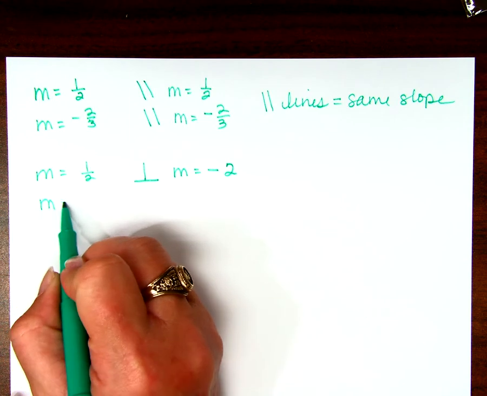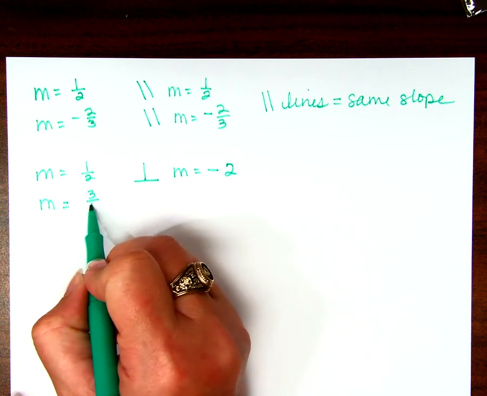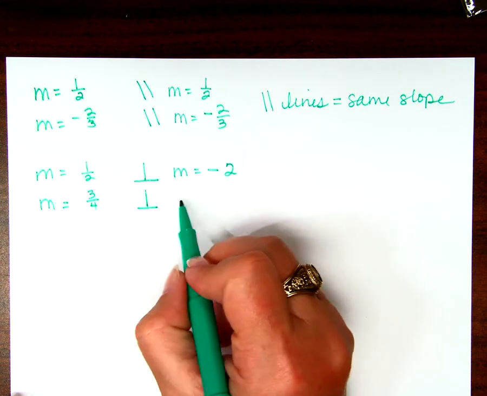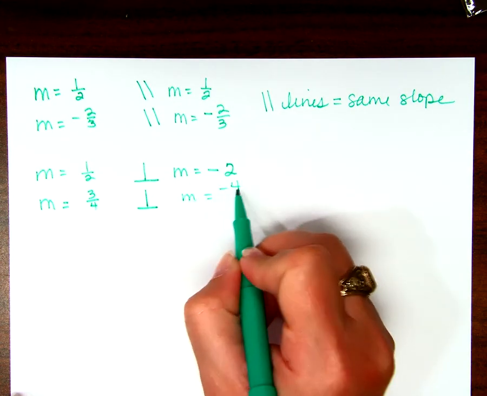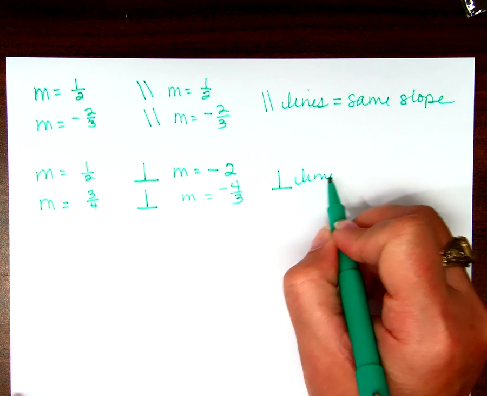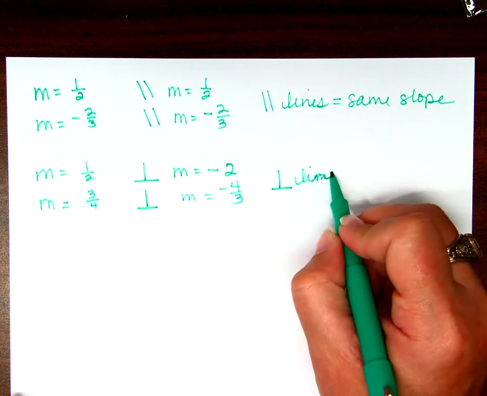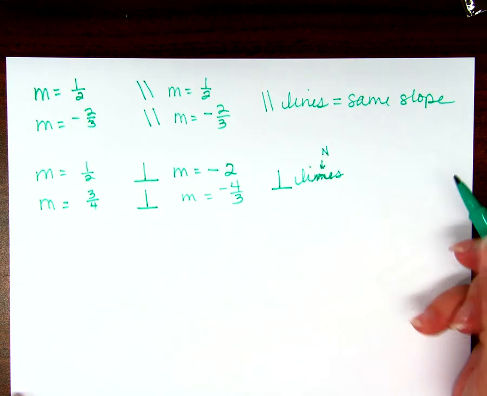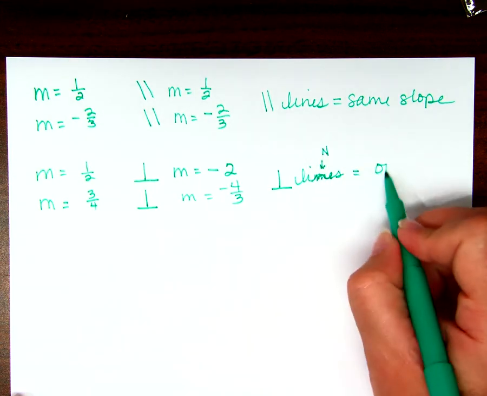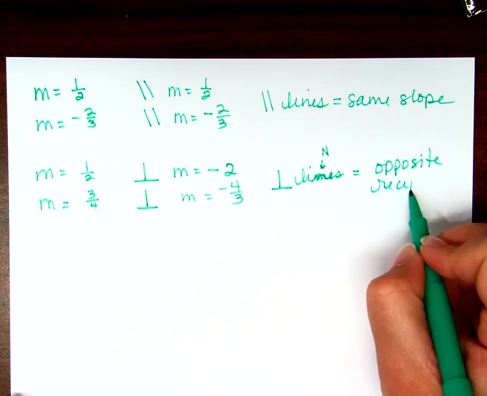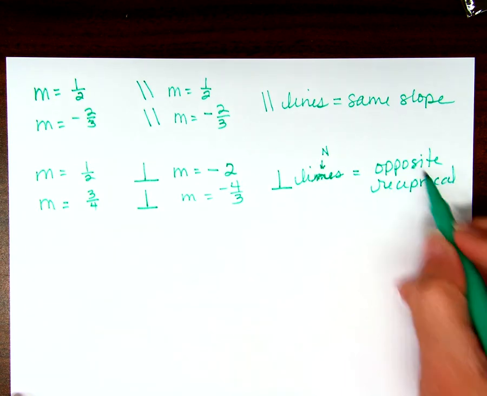So if I tell you the slope is 3/4, what is the perpendicular slope to that? -4/3, because perpendicular lines have opposite reciprocal slopes.